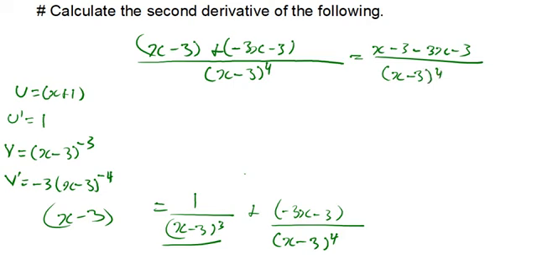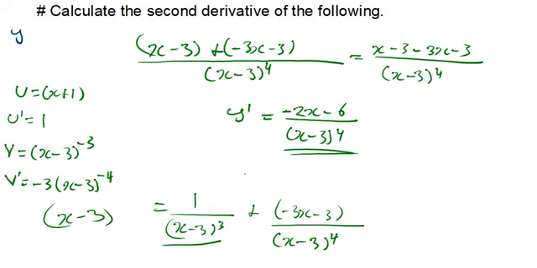So what you're going to have as your y prime, or the first derivative, is (-2x - 6) divided by (x - 3) to the power 4, which is our first derivative there. From the first derivative, we have now to find out the second derivative. So our y prime is equal to (-2x - 6) divided by (x - 3) to the power 4.